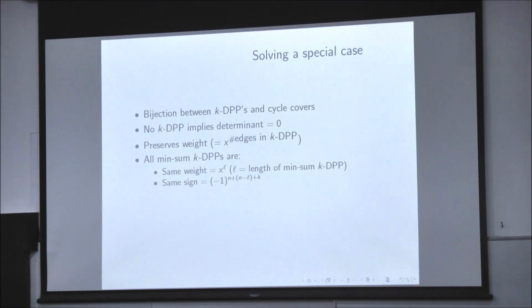Everything is given, the phase and the parallel edges, and we want to find out whether there exist k disjoint paths and what is the length of the shortest such configuration. So the exponent is n plus n minus L plus k, and notice that this is independent of the cycle cover.